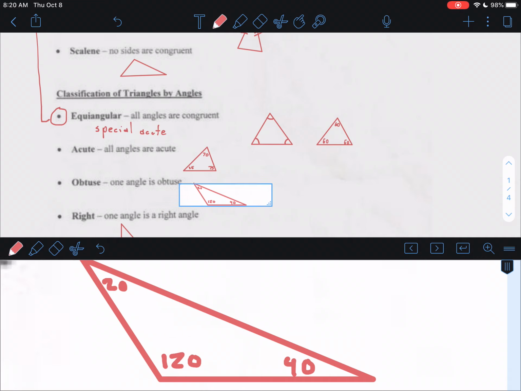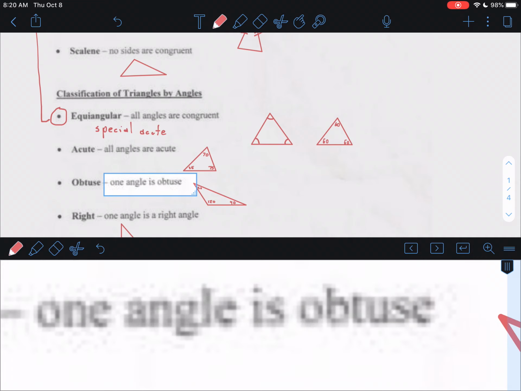Now, when I was going over the obtuse triangle, I said that there can only be one obtuse angle inside a triangle. I will give you a bonus point if you can send me messages on Schoology or something and explain why there can't be more than one obtuse angle within a triangle.